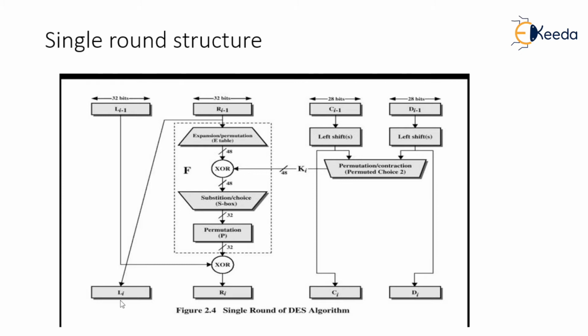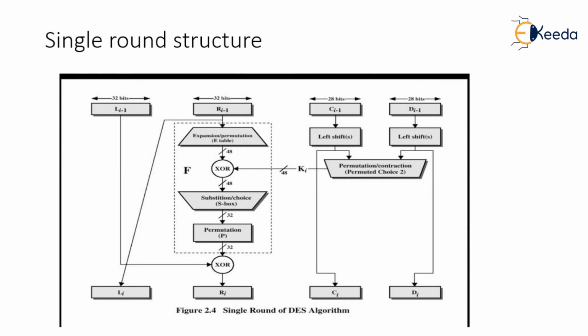This is the same structure as that of the Feistel cipher. The only difference between the Feistel cipher and DES is the functionality of the round. Every single round has to do the expansion of the bits, the permutation of the key, and the XORed output then undergoes the substitution process, then the permutation process, and the XORed output of 48 bits is converted back into 32 bits.